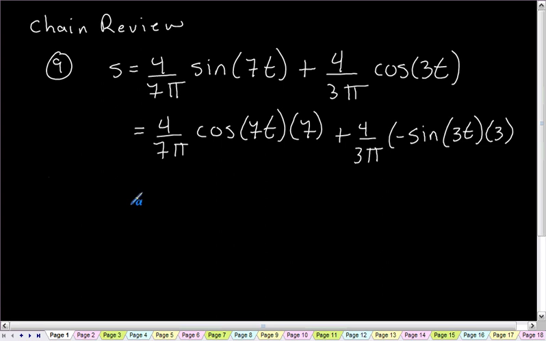If I simplify this, this comes out to 4 times 7 over 7 pi, because I multiply it all the way across, cosine of 7t.